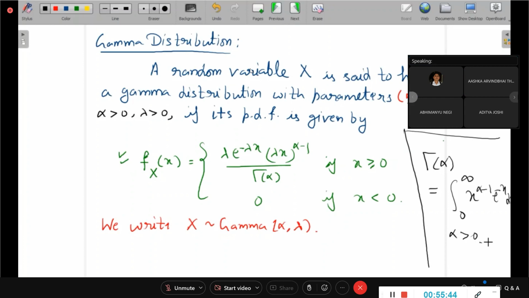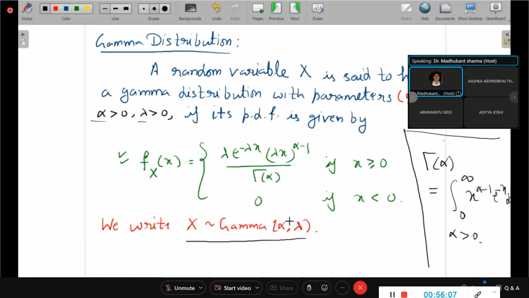So you can also look at this probability density function. Here there are two parameters, alpha and lambda. For the gamma distribution you have the two parameters, alpha and lambda. So the notation is x follows gamma with alpha comma lambda.